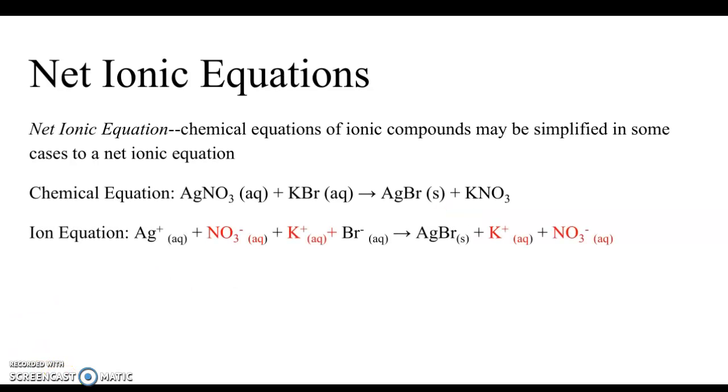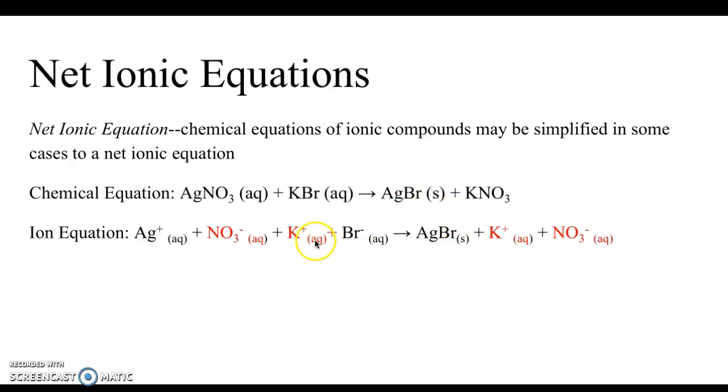We can write out each of these compounds in terms of its ions. So again, silver nitrate will fully dissolve into its ions. It's a strong electrolyte, so we can write it as Ag+ and NO3-. Potassium bromide also is a strong electrolyte and will exist completely as ions in solution.